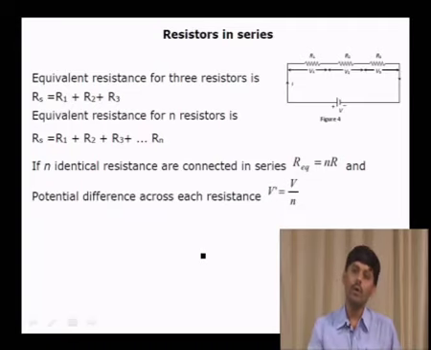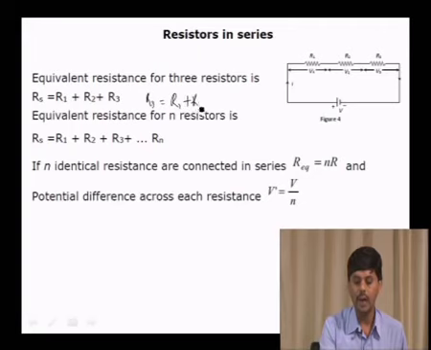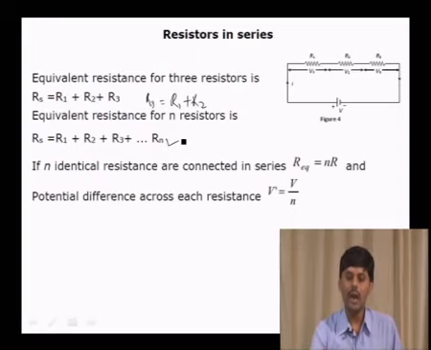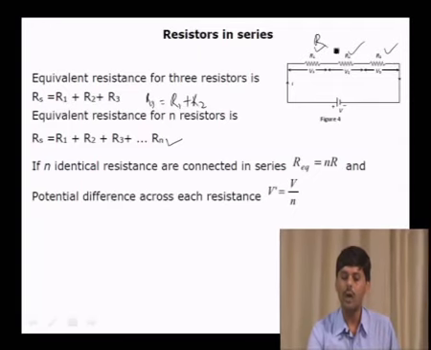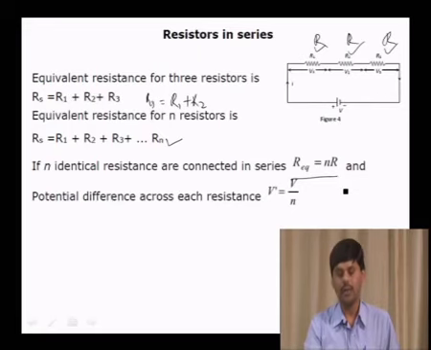If there are only two resistors, then the equation can be written as Rs equal to R1 plus R2. If the circuit consists of n number of resistors, then you follow this equation. Suppose all n resistors are equal to R, then the equivalent resistance is nR.